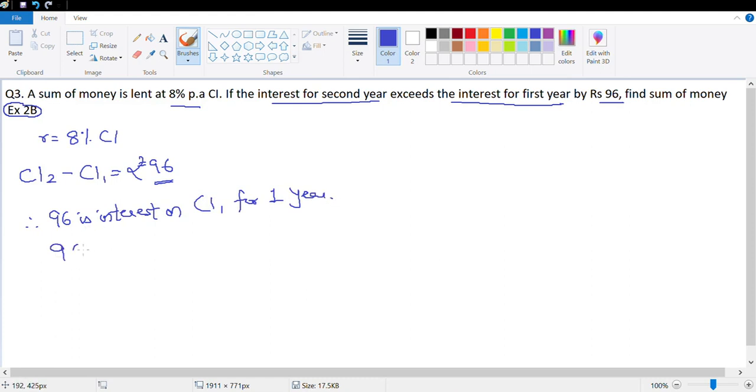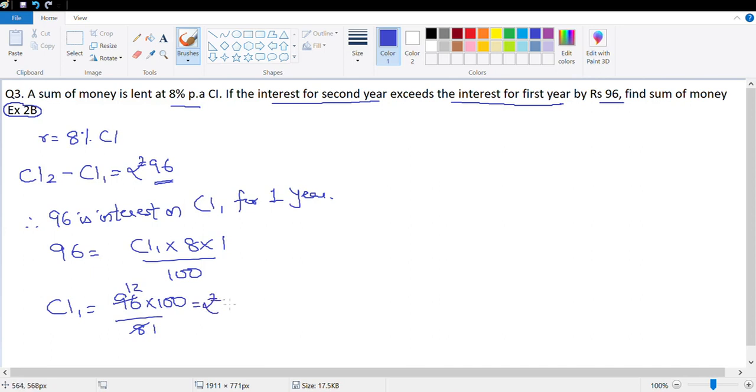So 96 is equal to principal, in this case compound interest for first year, into rate into time upon 100, which means compound interest for first year is 96 into 100 upon 8, and that's equal to rupees 1200.